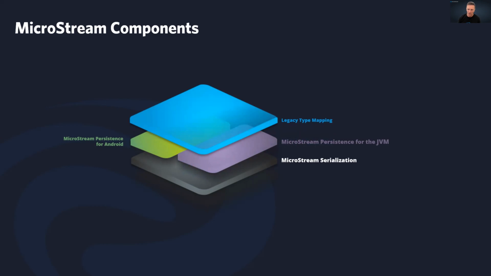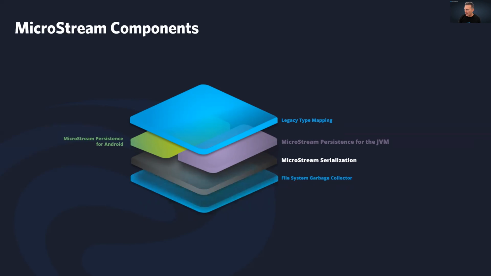Whenever you change your classes, it might be a problem with serialization. With MicroStream, you have this legacy type mapping, and MicroStream takes care of the type mapping at runtime. So this is super convenient.